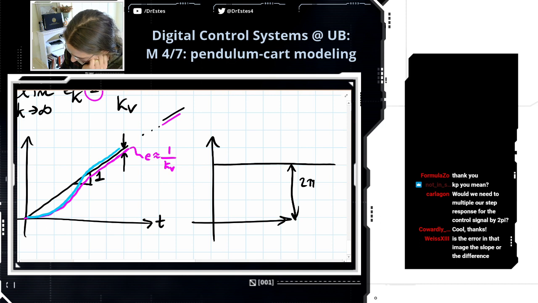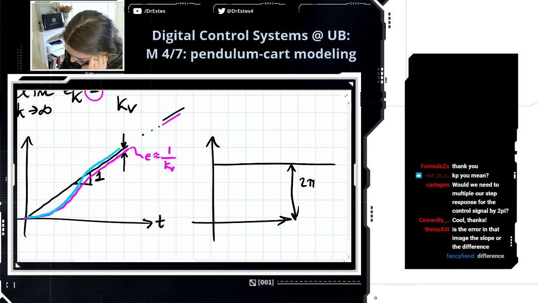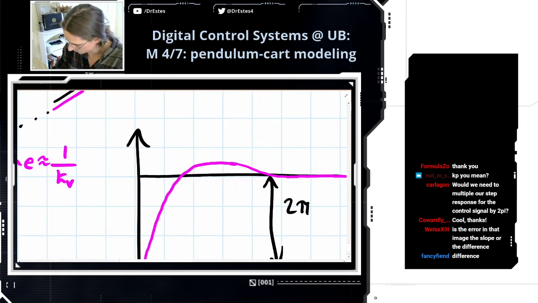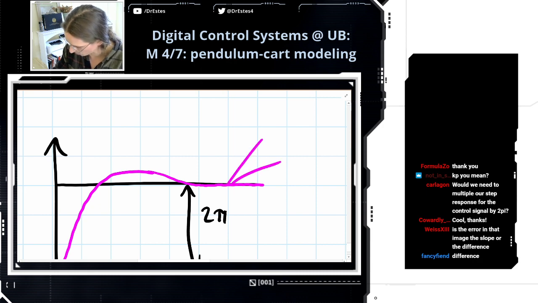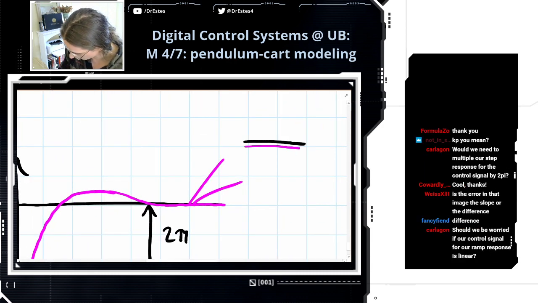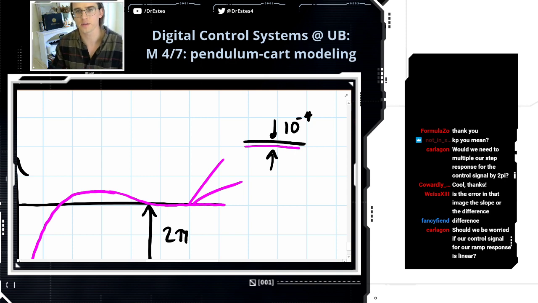I'm just going to make something up. Maybe yours does something like this, but it's going to be really, really close. If you zoom in MATLAB, you'll find they're a little bit different, maybe 10 to the minus 4, maybe smaller than that.